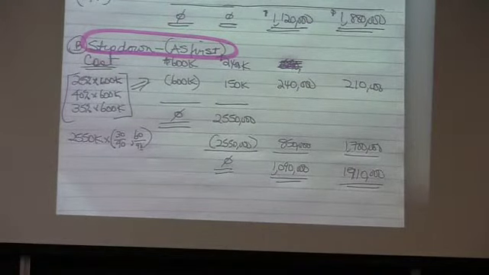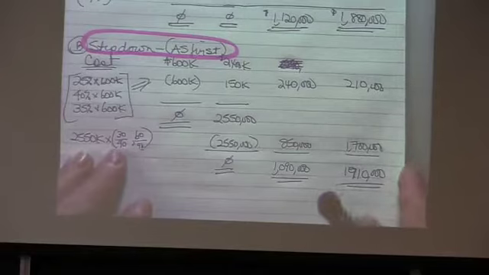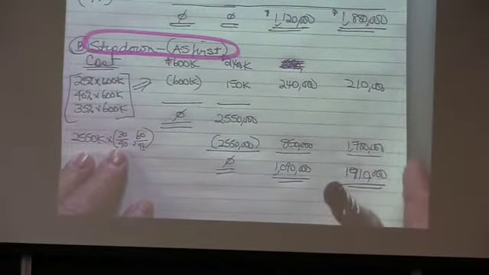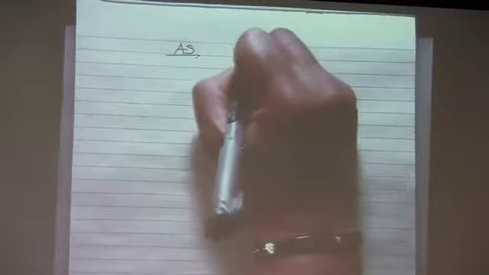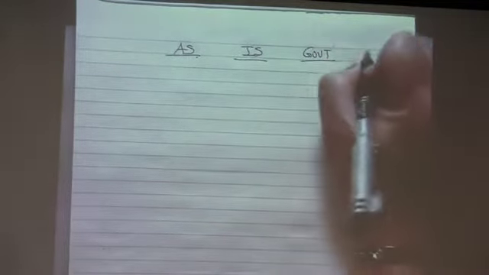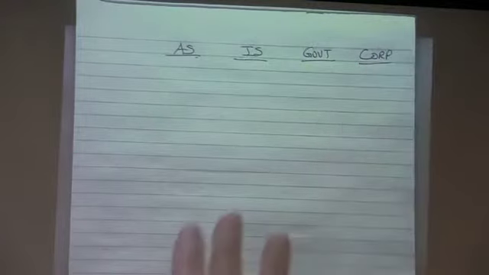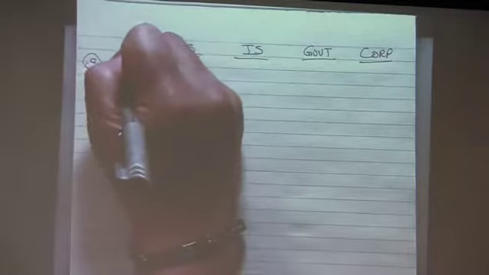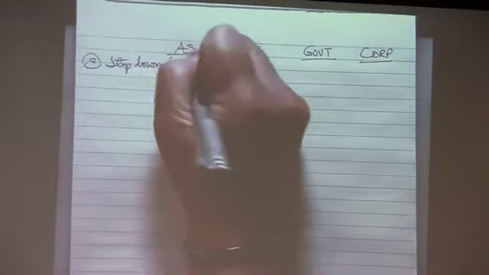Okay, now let's do the 3rd one. The 3rd one says let's do a step down, and in this case we're going to use the IS department first to allocate costs. So let's relabel the chart again. So for C, we're going to step down, IS first.